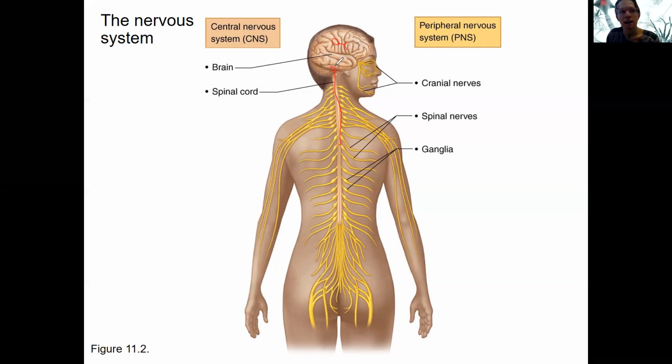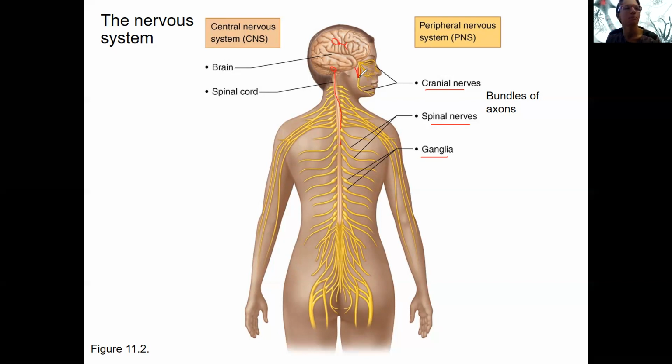The reason I want to point this out is because what's a little more confusing for students is the cranial nerves and ganglia. Cranial nerves and spinal nerves are both types of nerves, which, unlike neurons, are bundles of axons. So this little bundle right here is many, many axons all bundled together, and that's what makes it called a nerve, not a neuron.